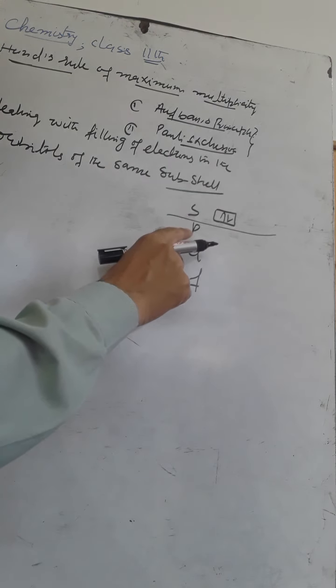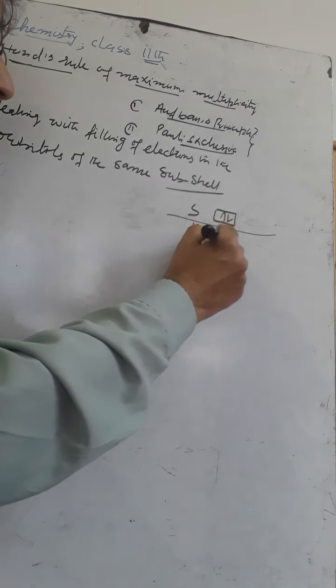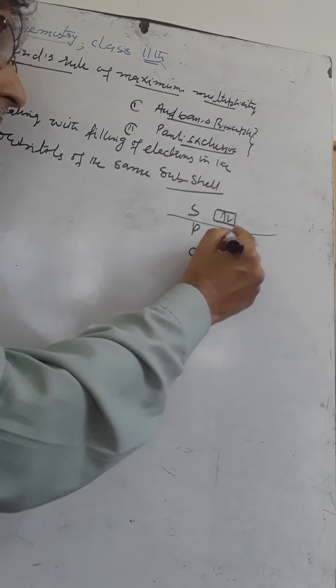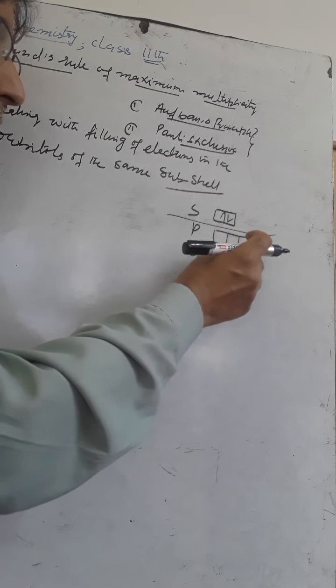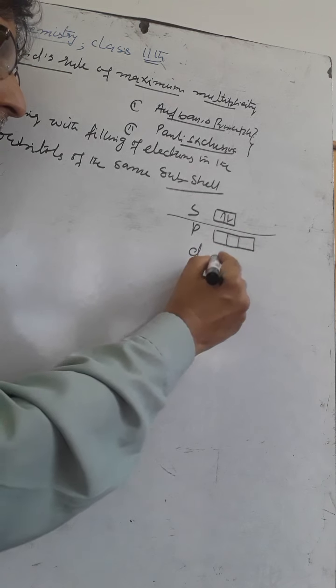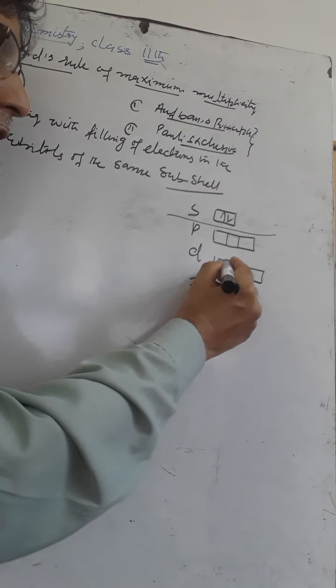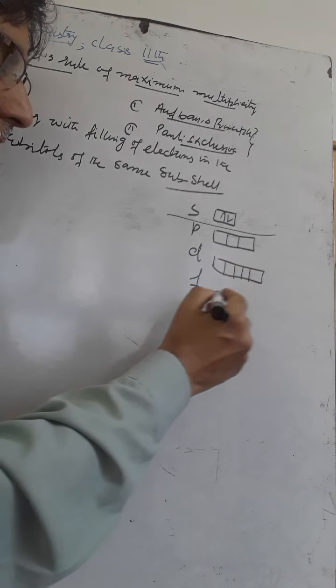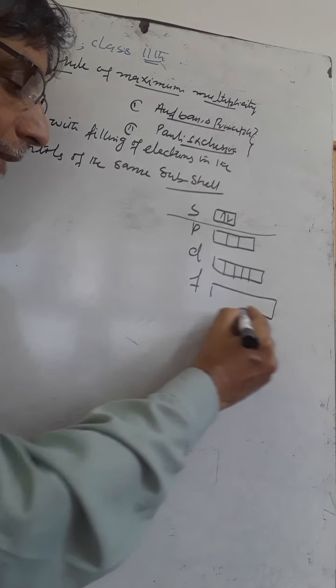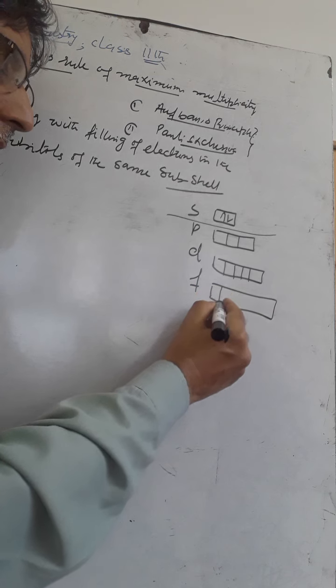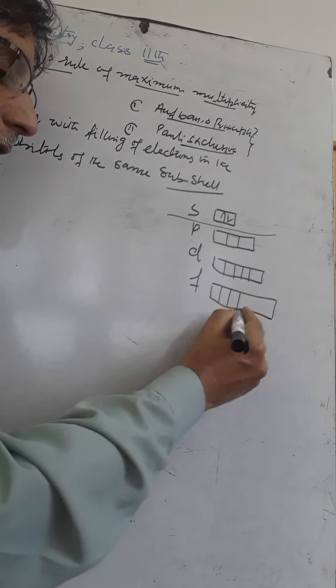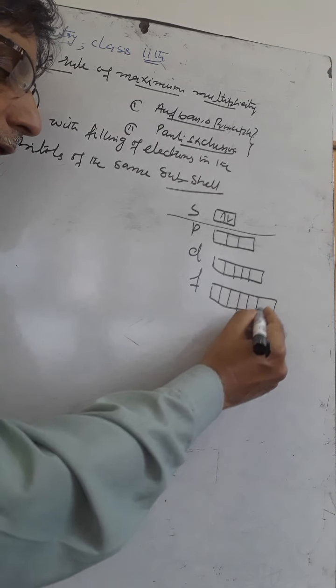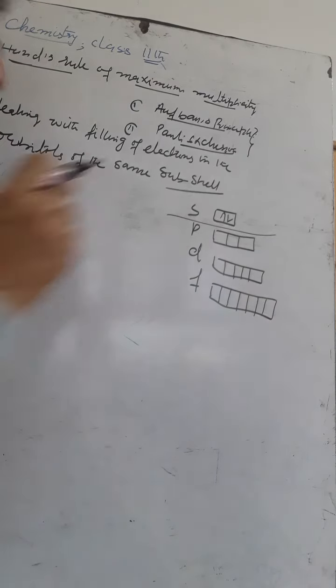P subshell contains 3 orbitals, let me represent them by 3 boxes like this. Similarly, in D, we have 5 orbitals: 1, 2, 3, 4, and 5. And in F subshell, we have 7 orbitals: 1, 2, 3, 4, 5, 6, and 7.